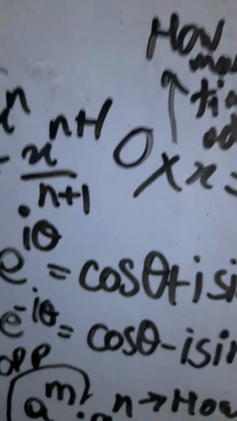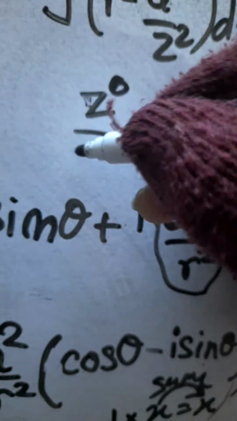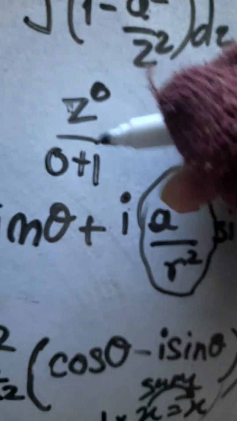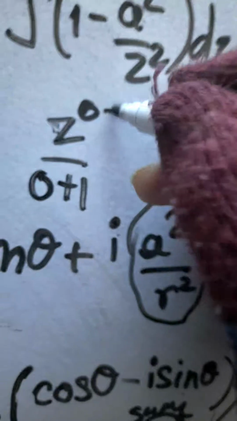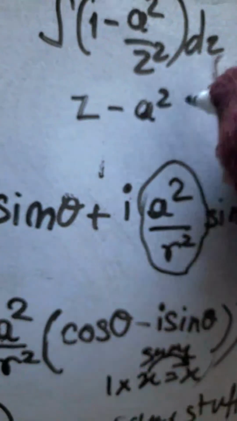We divide by 0 plus 1, and the exponent is also increased by 1. So 0 plus 1, so this is z by 1. z by 1 is z. Simple stuff. Now minus a square.